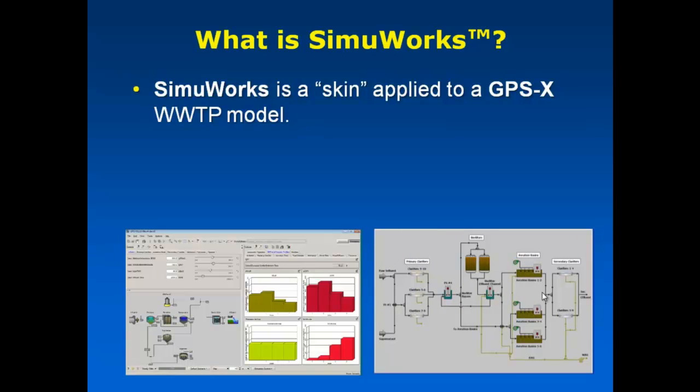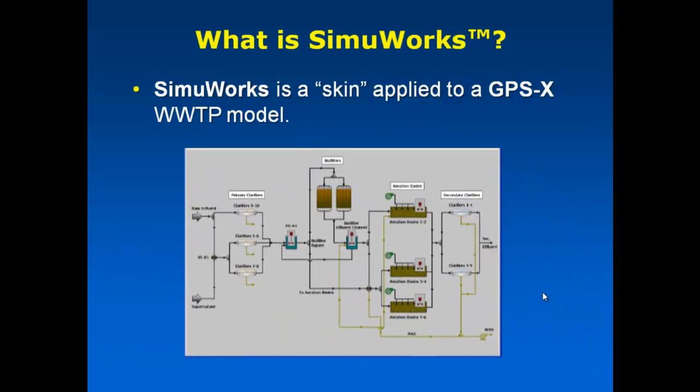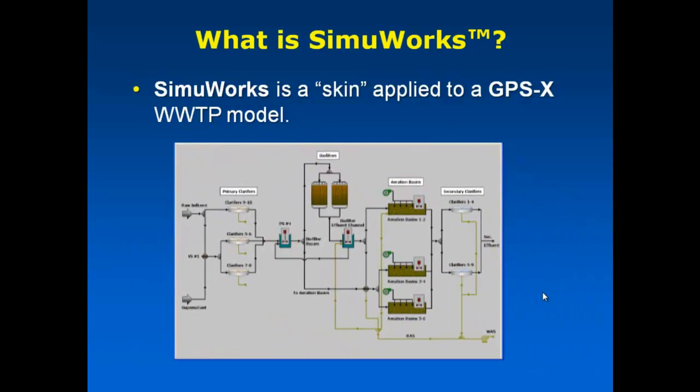So this is a way that you can create something that's customized for a specific plant. So once that's been established, we then take the numerical model out of GPSX and put it into this new interface. And it becomes the way that you drive the model. And so it's been focused specifically for this plant using a very customized image that's representative of that system.